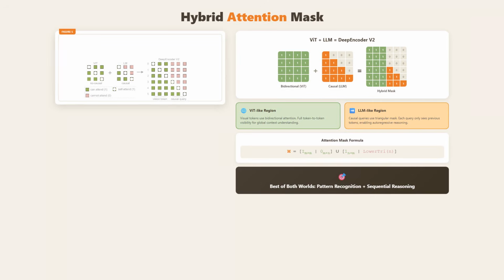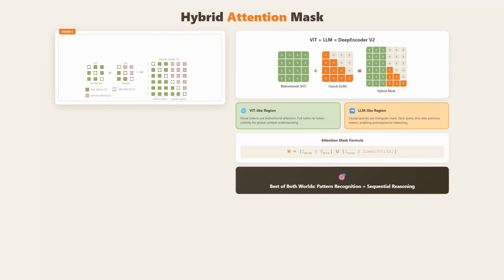The top left region is fully bidirectional for visual tokens, maintaining the ViT-style global receptive field. The bottom left region allows causal queries to attend to all visual tokens. The bottom right region uses a triangular causal mask for query-to-query attention.